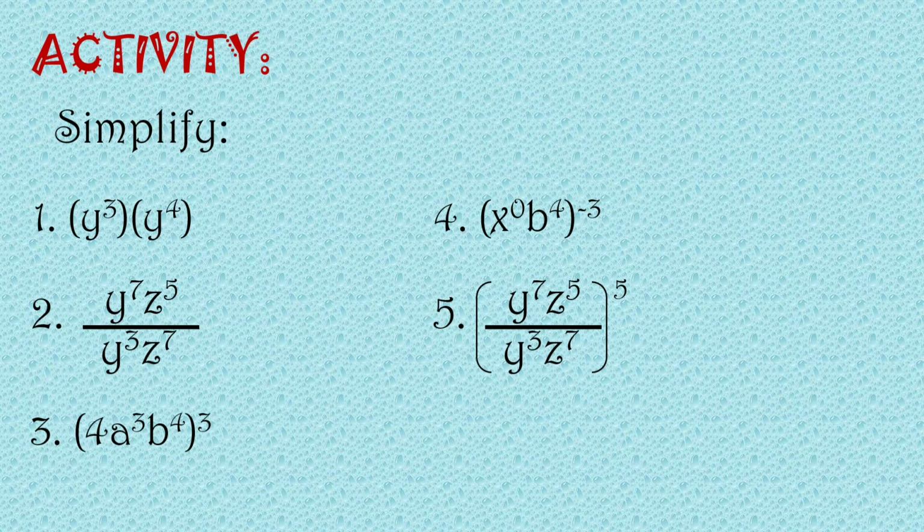And then pag naka-raise sa 0, automatic 1. At kapag negative yung ating exponent, gawin natin siyang positive, kumbaga opposite lang yung gagawin natin. Kung fraction siya, gawin natin siyang whole number. Pagka whole number, gawin natin siyang fraction form. Okay? So, yun lamang po yung lesson natin sa araw na ito.